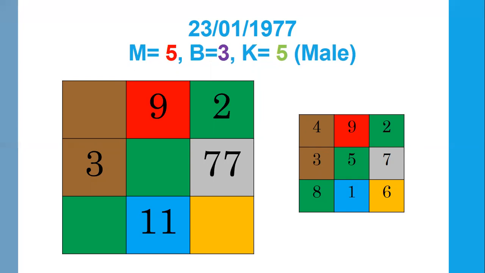This way, first you have to write the numbers available in the date of birth. After that, you also have to write the psychic number, that is 5, the life path number, that is 3, and the Kua number, that is 5.